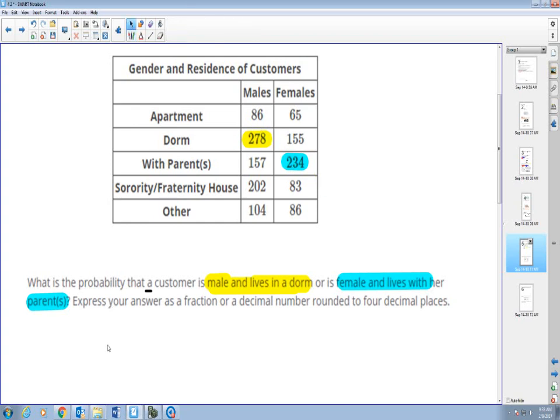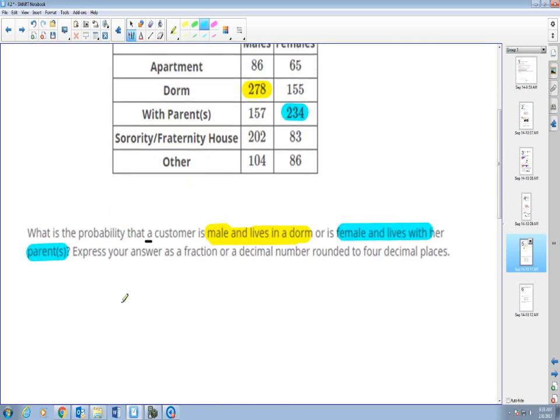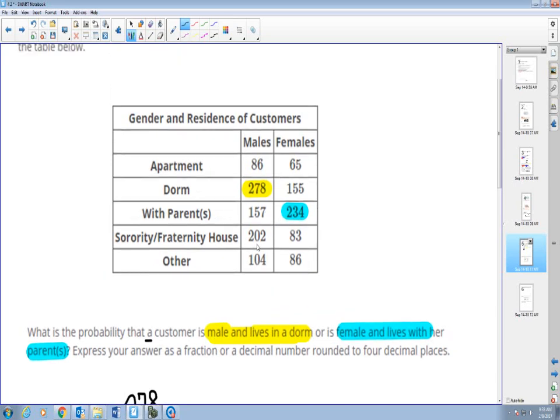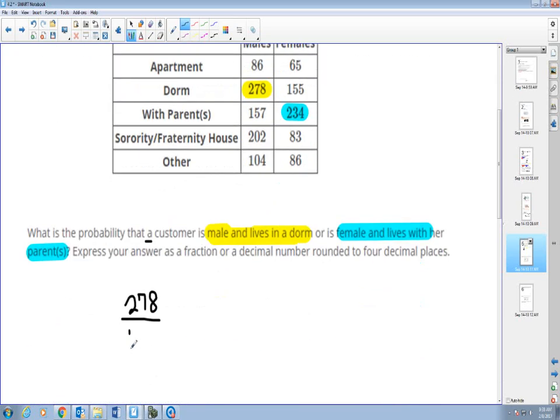Mutually exclusive. So all we're going to do is take 278 ways to choose that one person out of 1450, plus, the word or means plus.